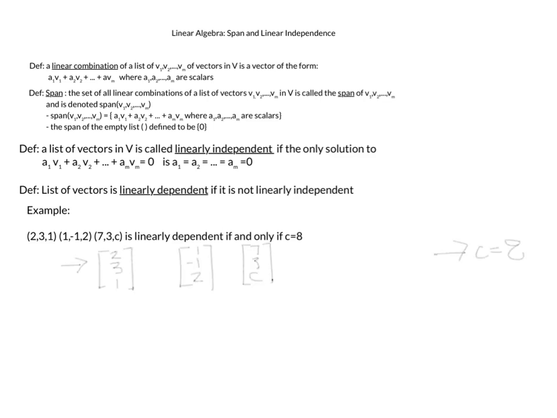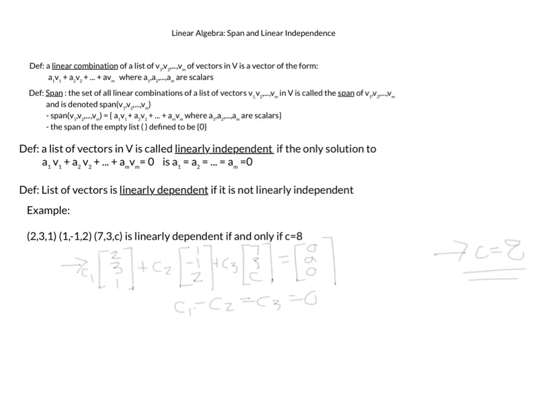First we're going to do the forward direction and show that these three vectors are linearly independent. That is, c1 v1 plus c2 v2 plus c3 v3 equals 0, 0, 0 means c1, c2, and c3 must be equal to 0, which will imply that c is not equal to 8.